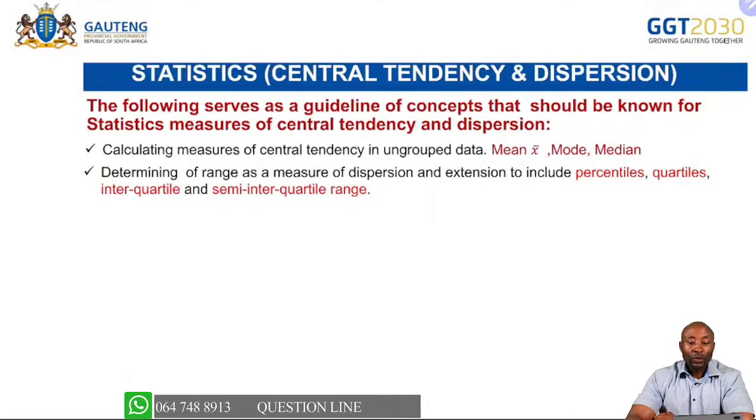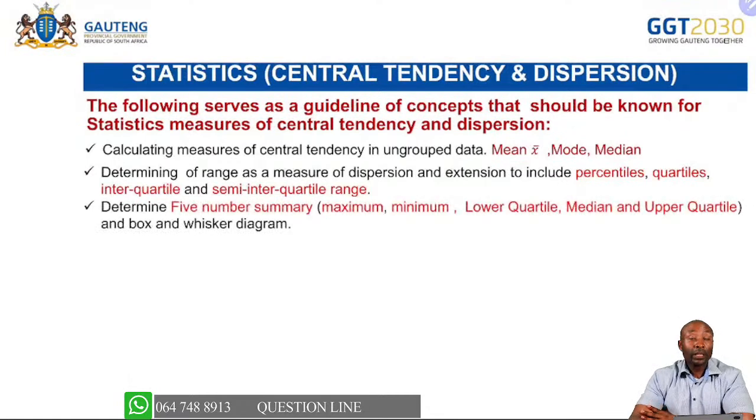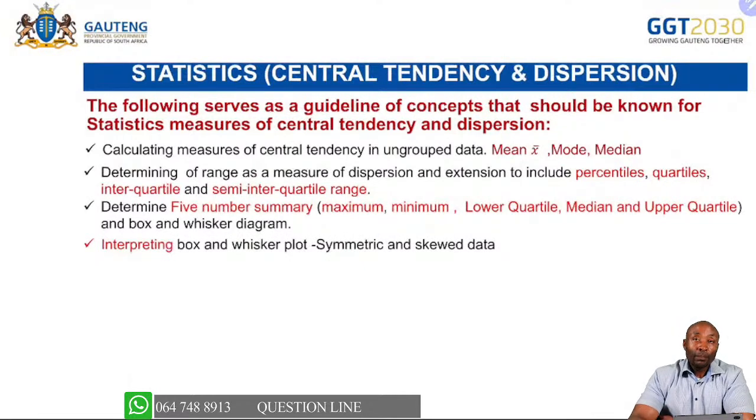We should be able to determine our percentiles, quartiles, interquartile, and semi-interquartile ranges. On our box and whisker diagrams, we look at the 5-number summary and we should know how to determine it and also to interpret our box and whisker plot. And when we comment about the skewness of our data, we should know what we use to comment.